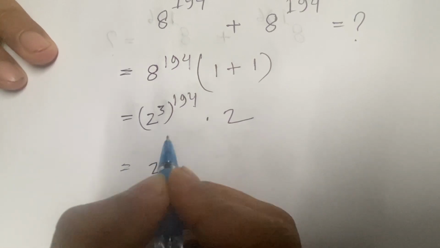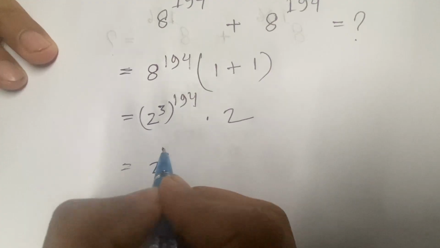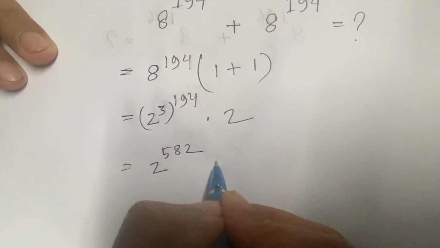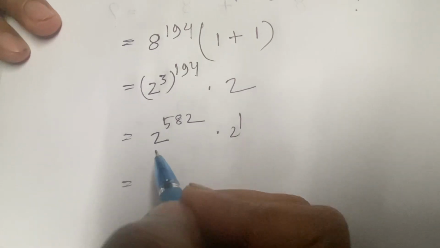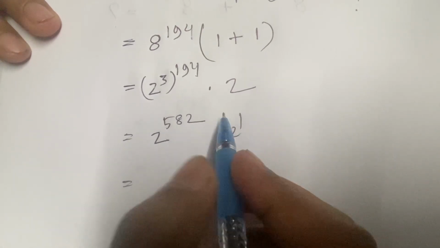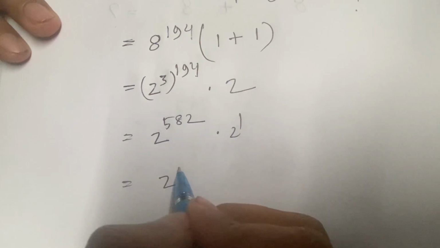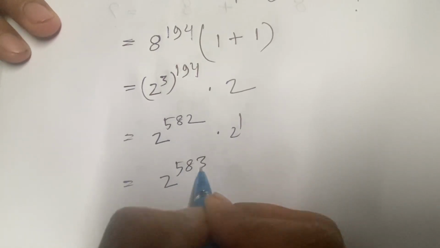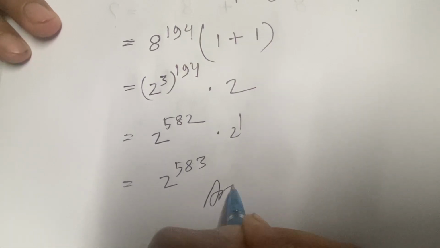Now 2 to the power 3 times 194, that means 582, times 2 is the same as 2 to the power 1. Now we see that 2 has the same base but different powers, so you can write here 2 to the power 582 plus 1, that means 583. So 2 to the power 583 is the correct answer.